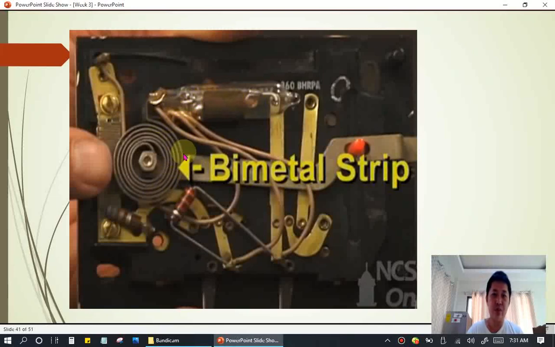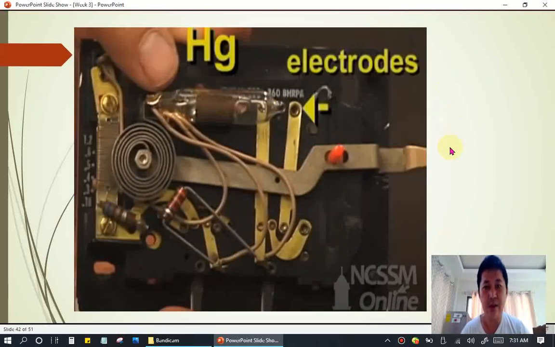So we will see here. As you can see, the mercury is connected to the electrodes. The electrodes are mounted in the room to detect the room temperature.